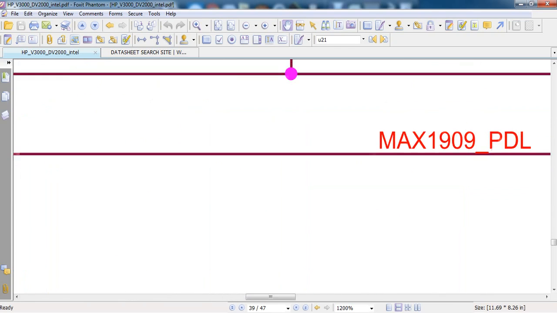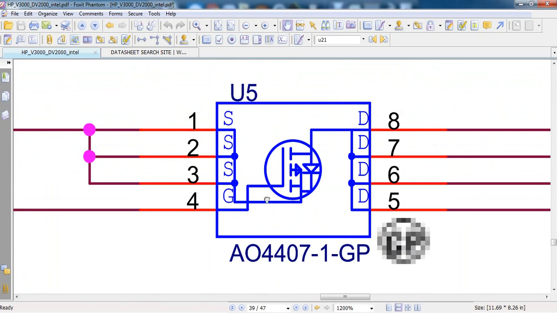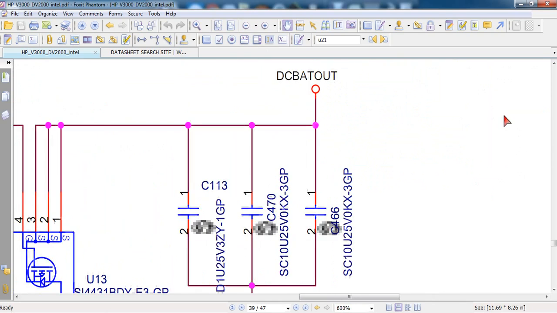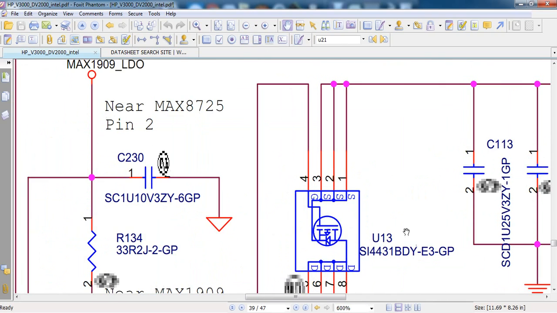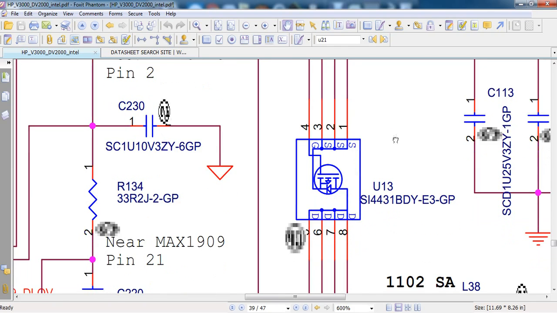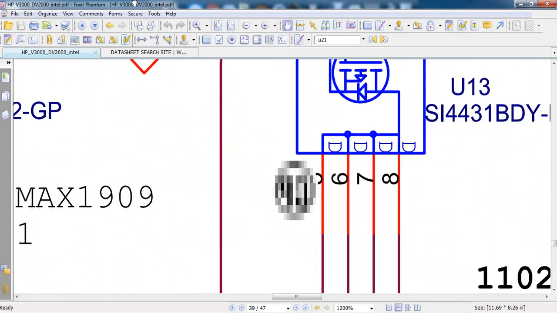Okay, let's see. Now check, the arrow is outside. This is also an N channel MOSFET, the same part number, A04407. Okay, I'll show you one P channel MOSFET. Yes, this is a P channel MOSFET.